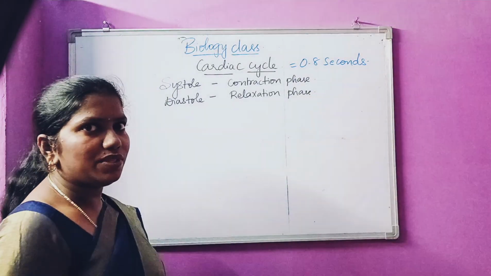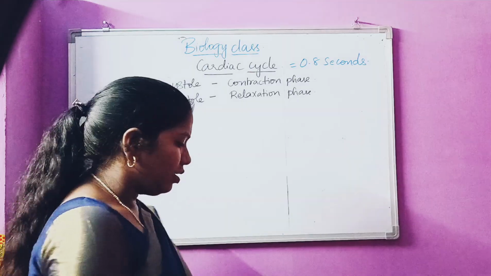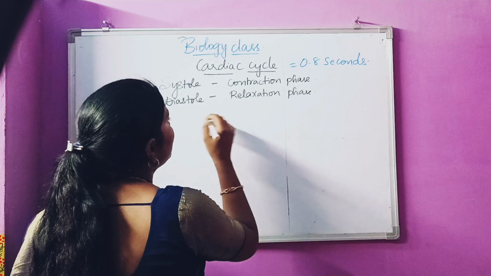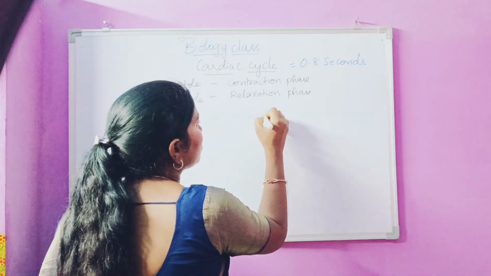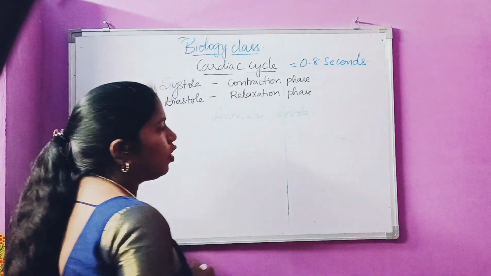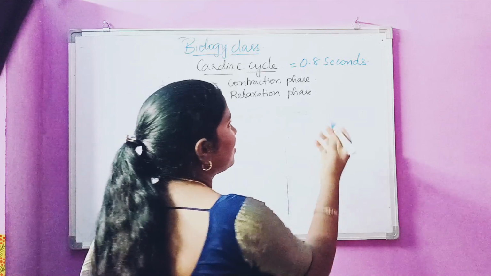So what are the steps in which the cardiac cycle takes place? The following steps take place. One is atrial systole, or auricular systole, which is approximately 0.1 seconds.